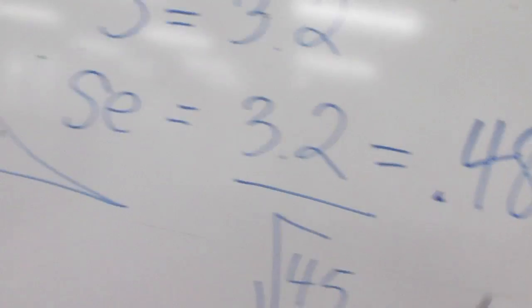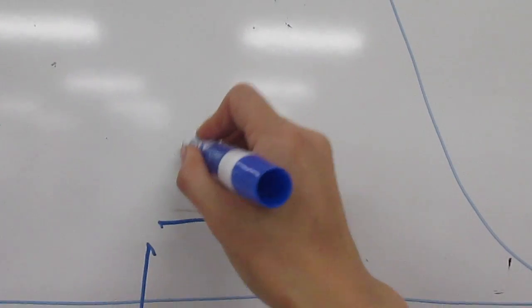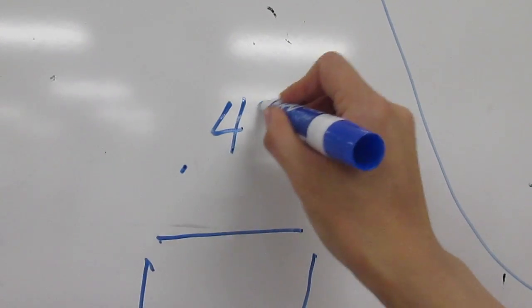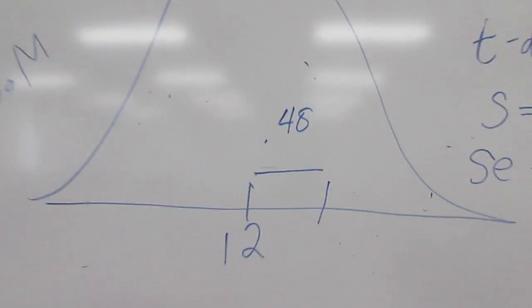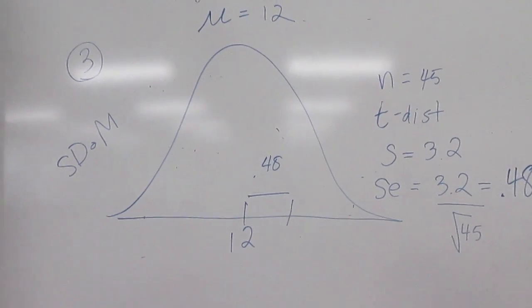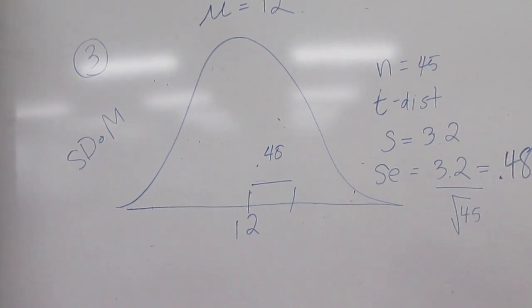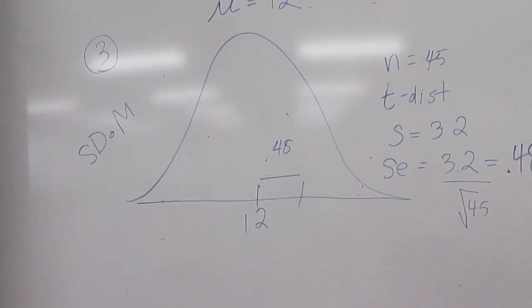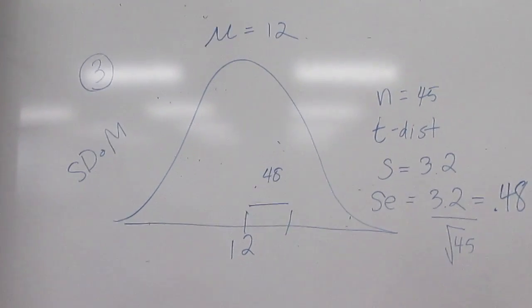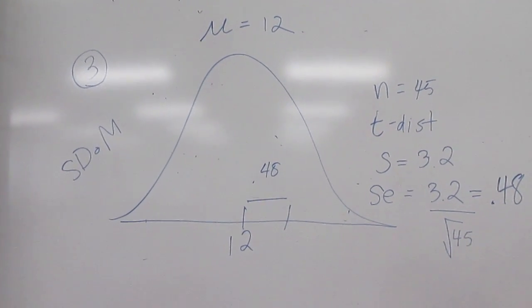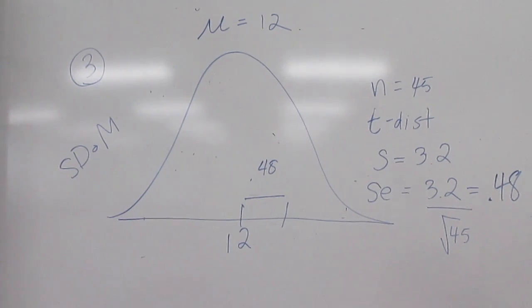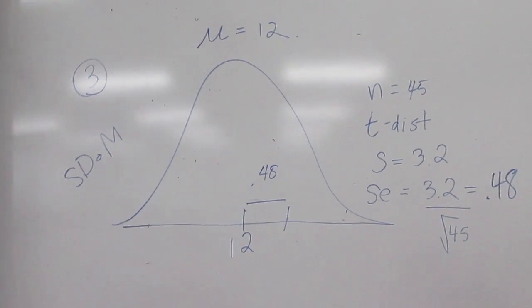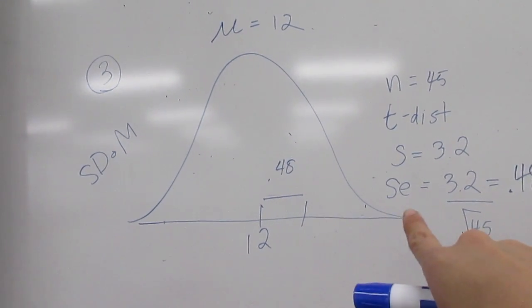So about half a second. One standard deviation out from the mean would be about 12.5 seconds, and then two standard deviations out would be 13 seconds. So already we know our sample mean is 13.5, so that's going to be way out here.